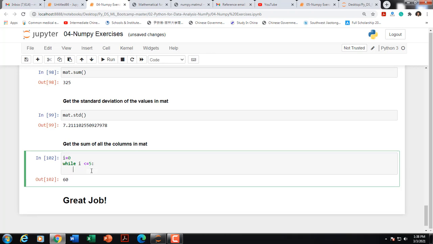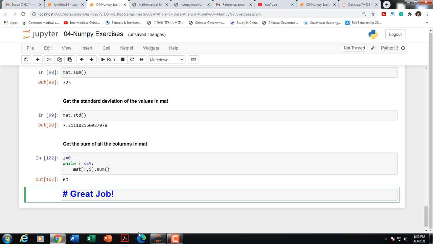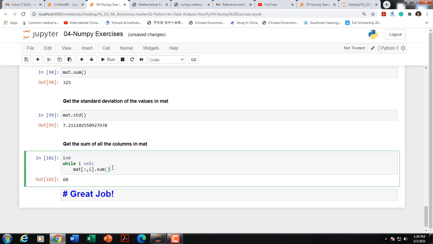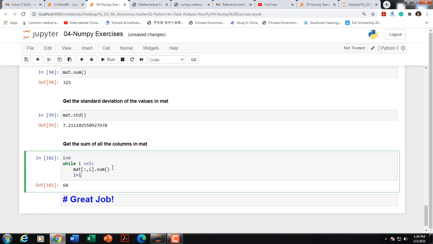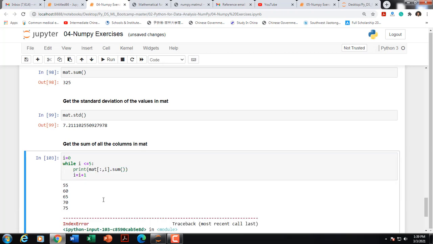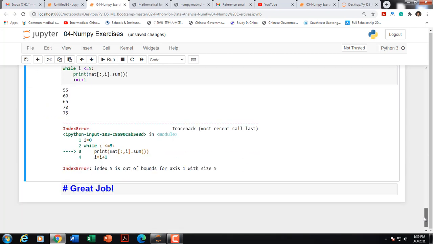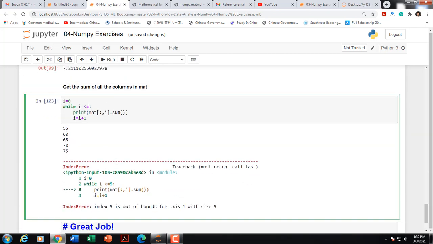I'm pretty sure there is another way of doing this, but I'm doing it in a way I think is comfortable for me, I guess. i is equal to i plus 1. Okay, I will print this result of mine. Okay, 55, 60, 65. Okay then.